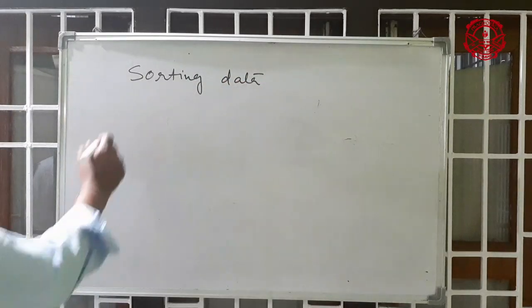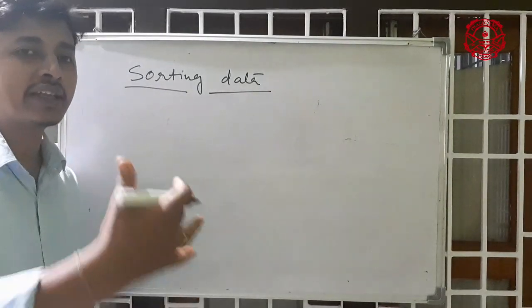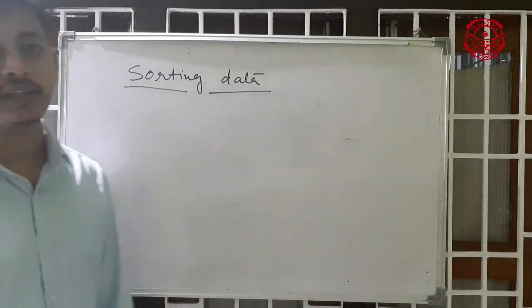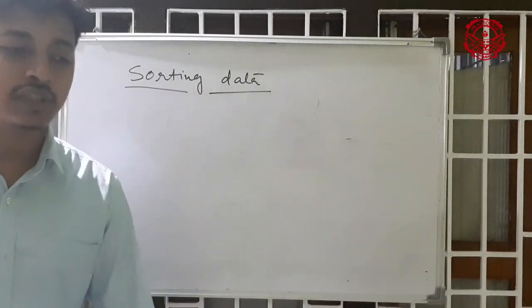Sorting data means what? Sorting means arranging the data. You can arrange the data so that the user can easily understand it.